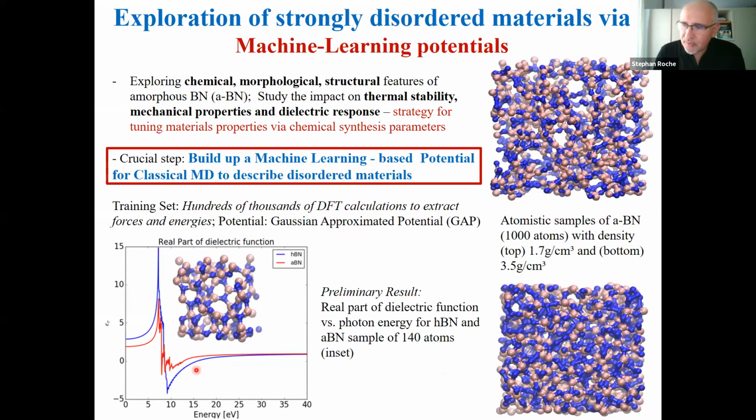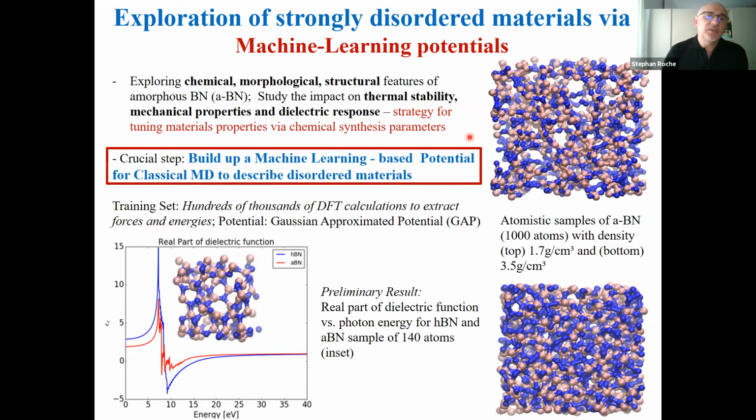It's also important, I would like to point out, the use of machine learning. This is particularly important because we are interested in extremely complicated and disordered materials. So here we are showing an example of amorphous boron nitride films that are grown by MD. And the point is that in order to capture the proper structure, we need to get a realistic atomic interaction potential.